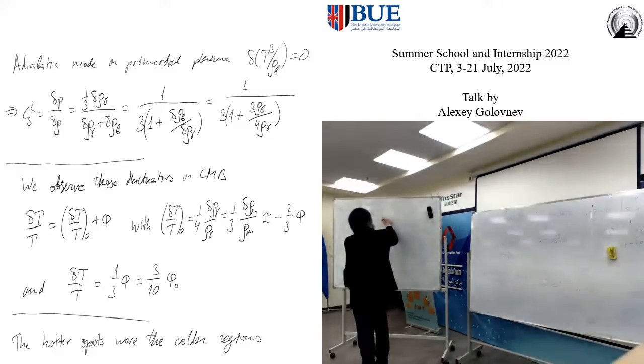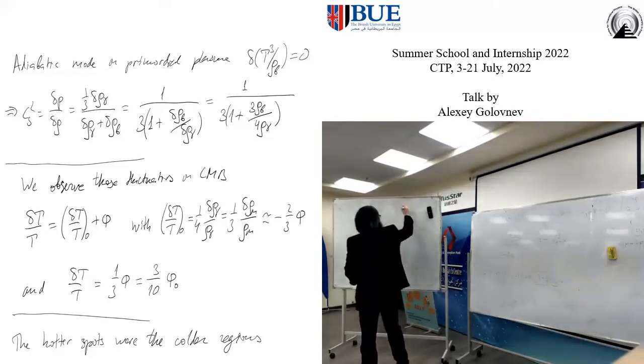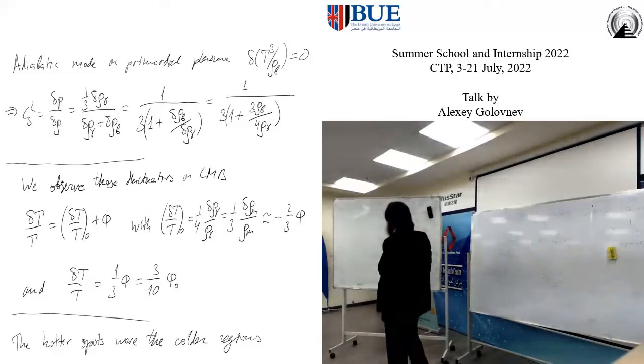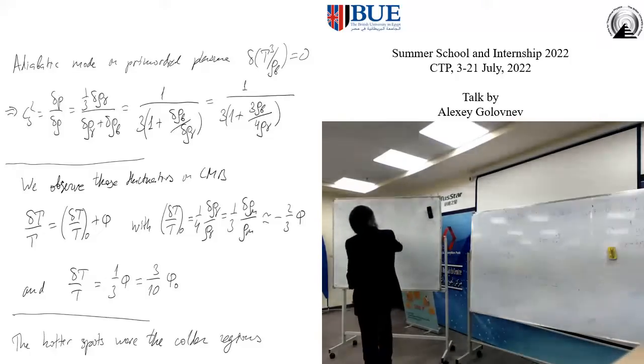The energy density of photons is proportional to T to the 4, right? The energy density of the baryons is just the mass, and the volume grows like a cubed, which means it goes like 1 over T cubed.